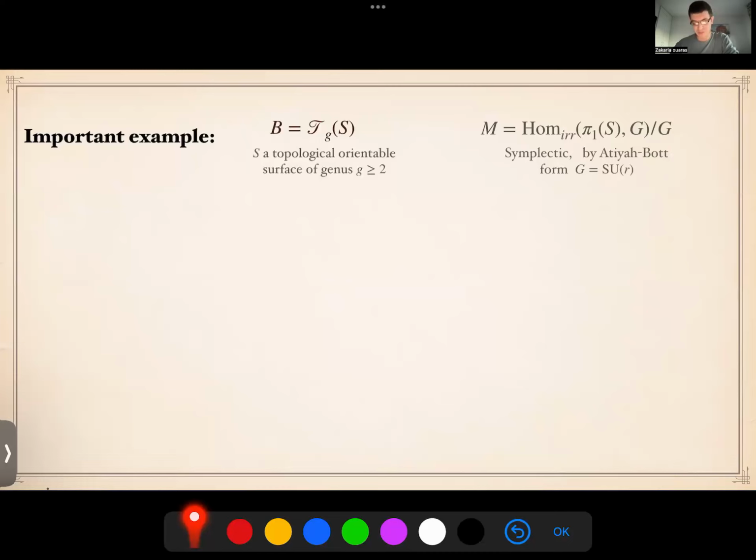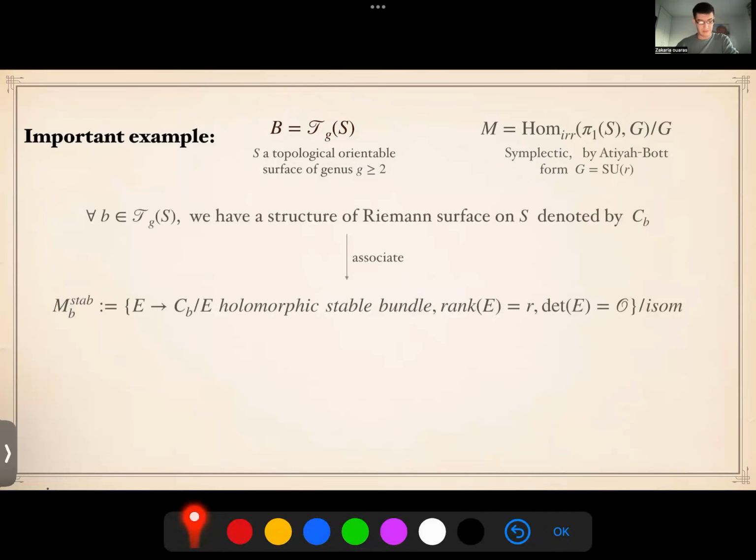So S is a topological orientable surface of genus greater than 2. An element of the Teichmüller space gives us a complex structure on the topological surface, which is a Riemann surface now, and you can associate another space. For any point b, you denote the complex structure by C_b.